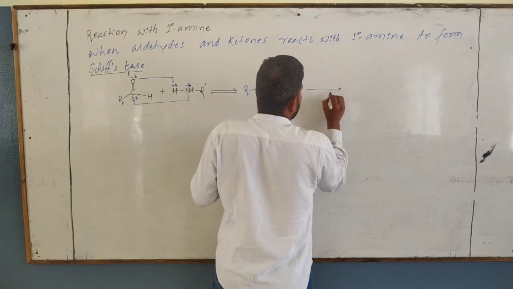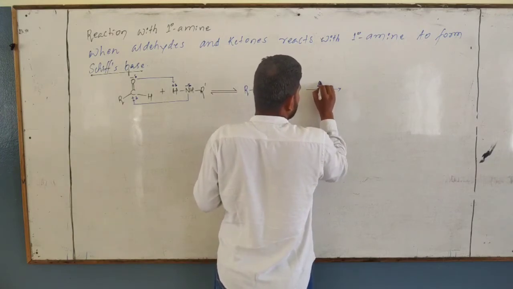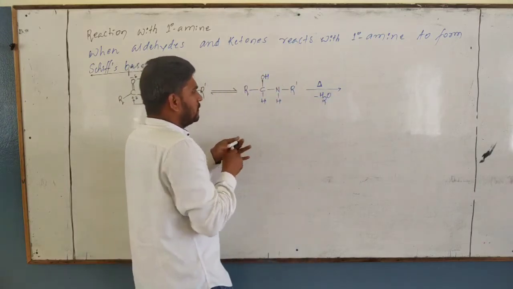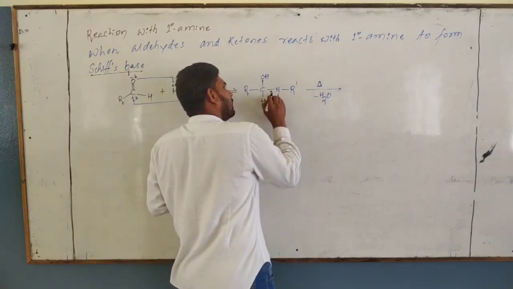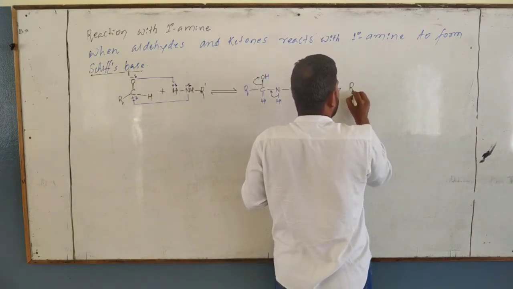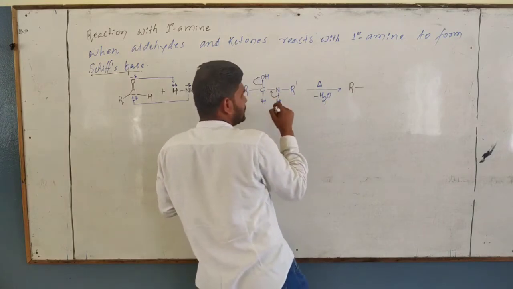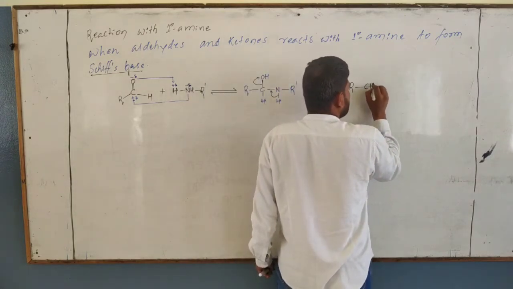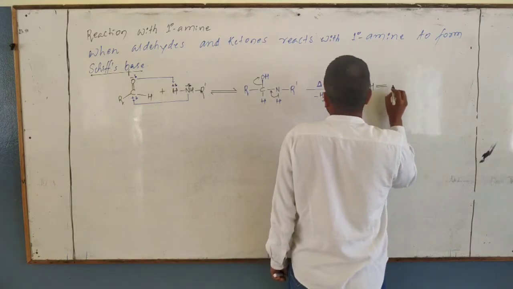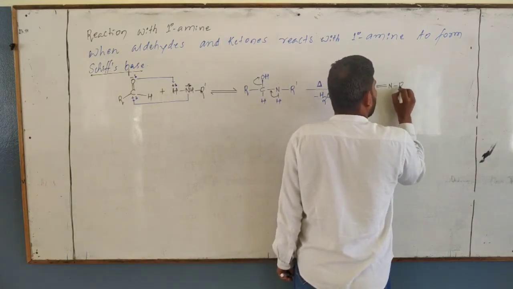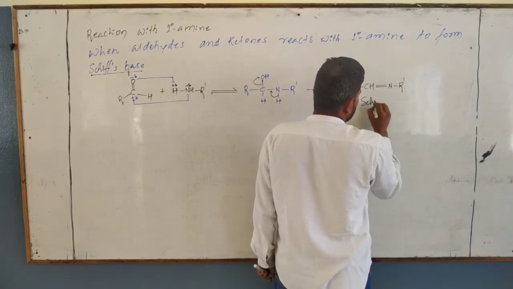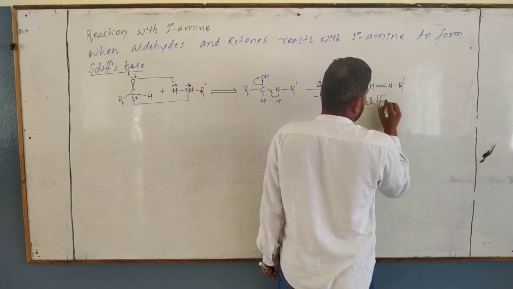This on heating eliminates a water molecule to form RCH, a carbon to nitrogen double bond, N R prime. This is nothing but a Schiff's base.